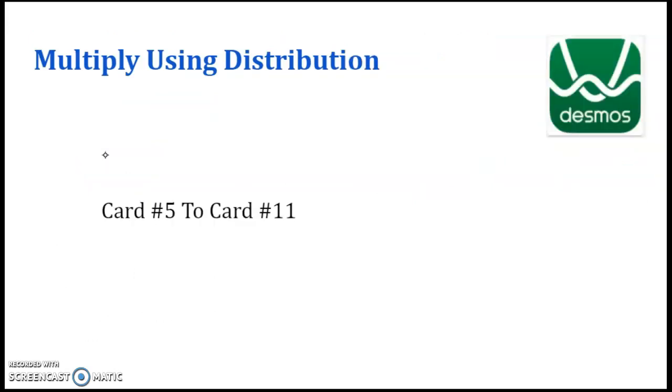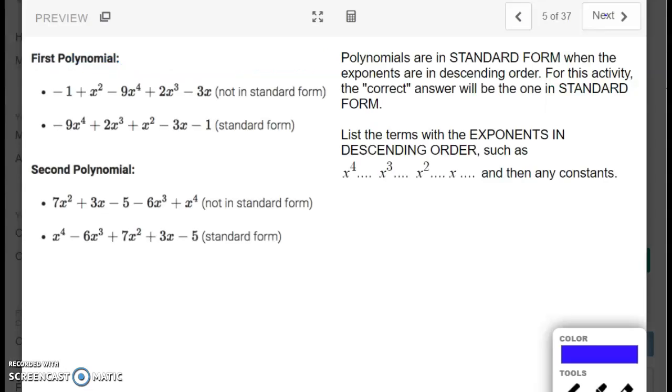All right, so at this point, you are going to be working on cards number 5 to 11, where you're using the distributive property. Okay, so this is the fifth card. This just quickly explains. I did share last lesson that by convention, we always write the polynomials in descending order.